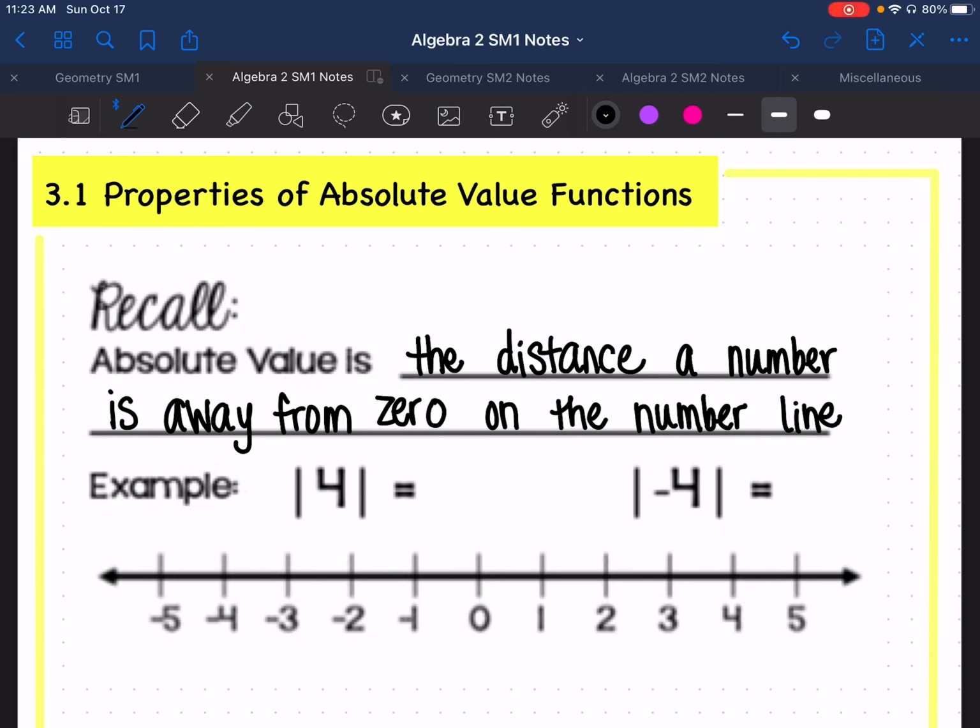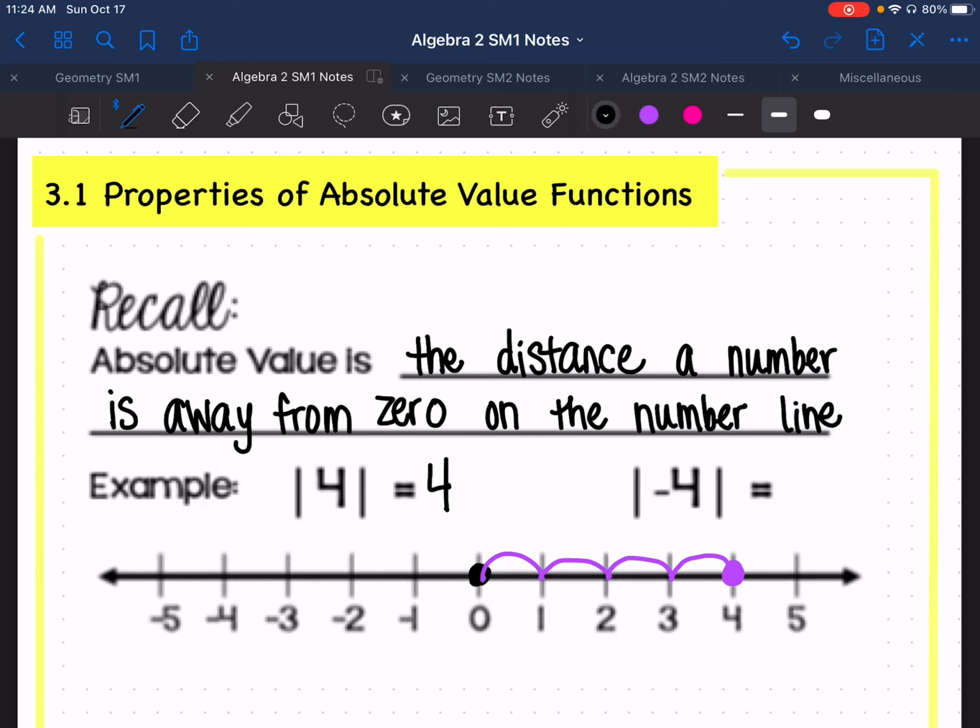So here in my example, much like your warm-up for today, the absolute value of 4 would be positive 4, because if I put a dot here at 4, and I look at how far away it is from 0, because this is always our center, I guess, we would count it as 1, 2, 3, 4.